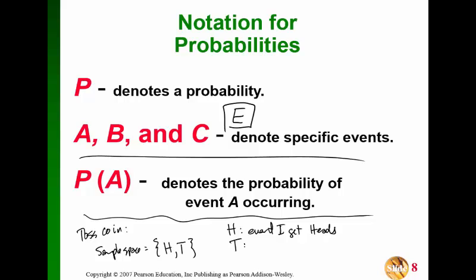Or T would be the event that I toss a coin and I get a tails.